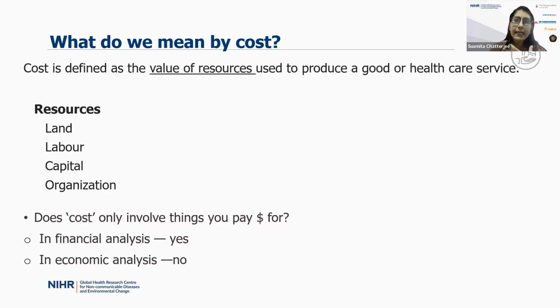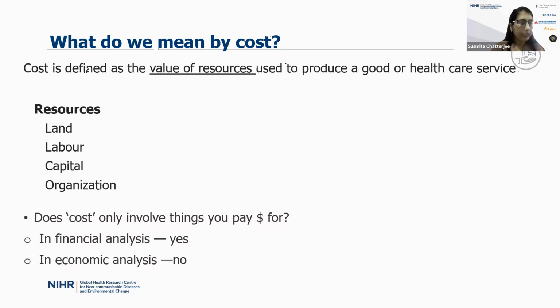If you think of any intervention, any program, whatever you work on, you need those four resources: land, labor, capital, and organization. Land, you can imagine, is the land or the building, you need that. Labor, you need. Capital is the money, or the asset. I would not always say the money, it can be an asset also.